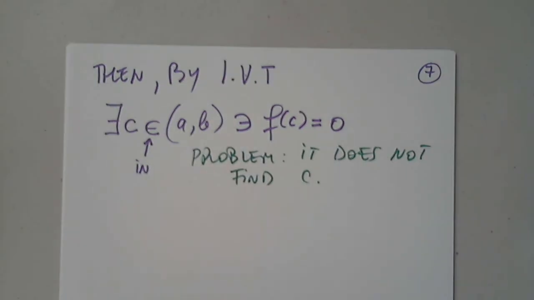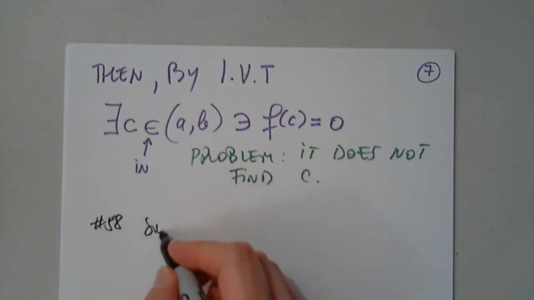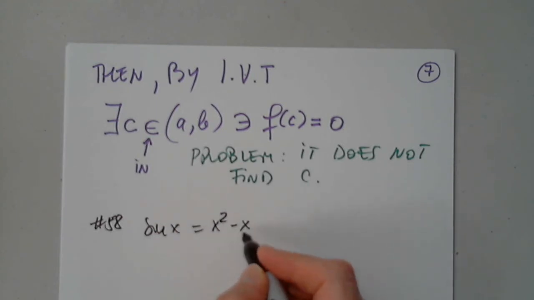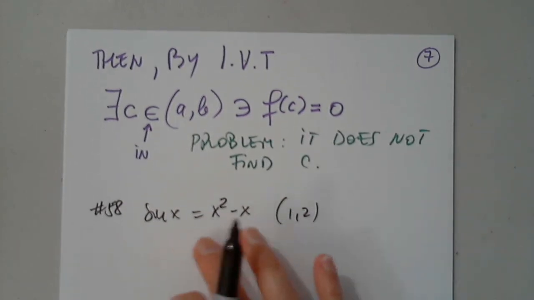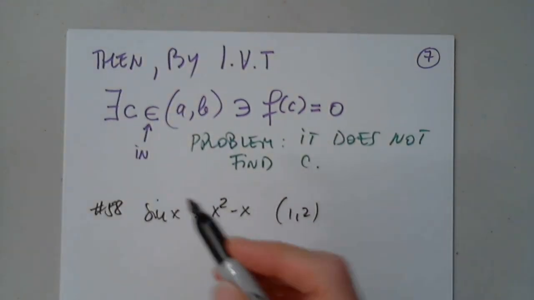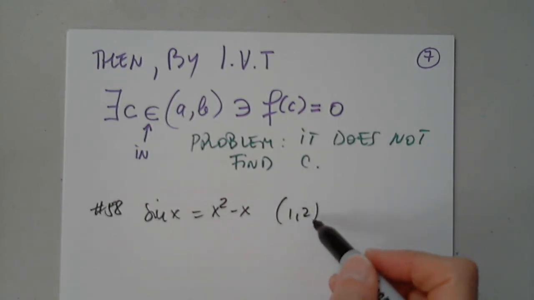Number 58. So in 58, we have sine x equals x squared minus x, and the interval is 1, 2. When we talk about sine, 1, 2 means radians. So in calculus, please make sure your calculators are in radians. Okay, so we are given this equation, and we're asked to show that there exists a solution between 1 and 2.